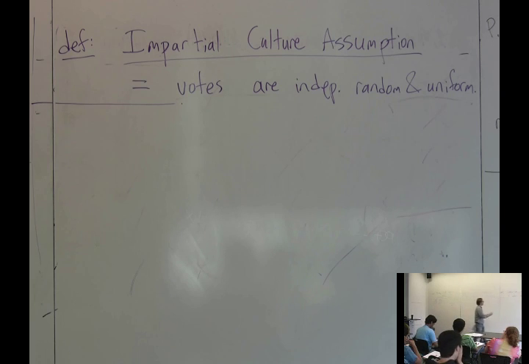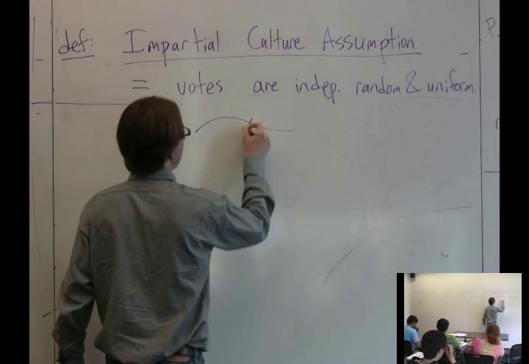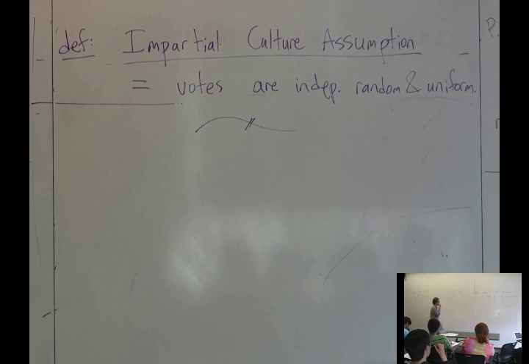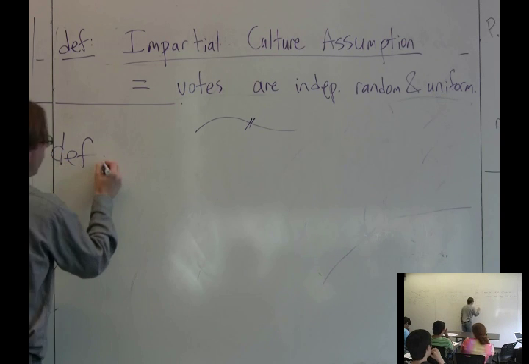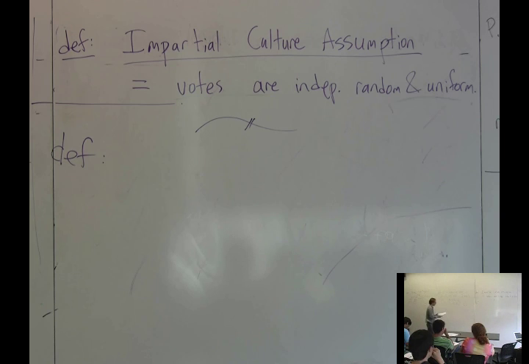Okay, so great. So having defined all these things, let's go to the question of whether or not your vote makes a difference. Okay, and that leads us to this definition of the influence of a voter on an election.